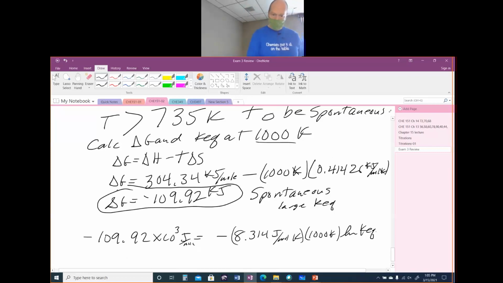So then divide both sides by negative 8.314 and divide both sides by 1,000. You get 13.22 is equal to ln KEQ. And then you take your e to the x button and you get 1.664 times 10 to the 13.